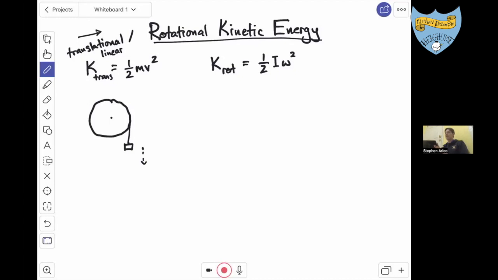These two approaches are complementary. We're going to use an energy approach to figure out something like how fast the weight will be falling after it has descended some height h, or the angular velocity of the pulley after the weight has descended some height h. That type of problem I will cover in class right now on Zoom.